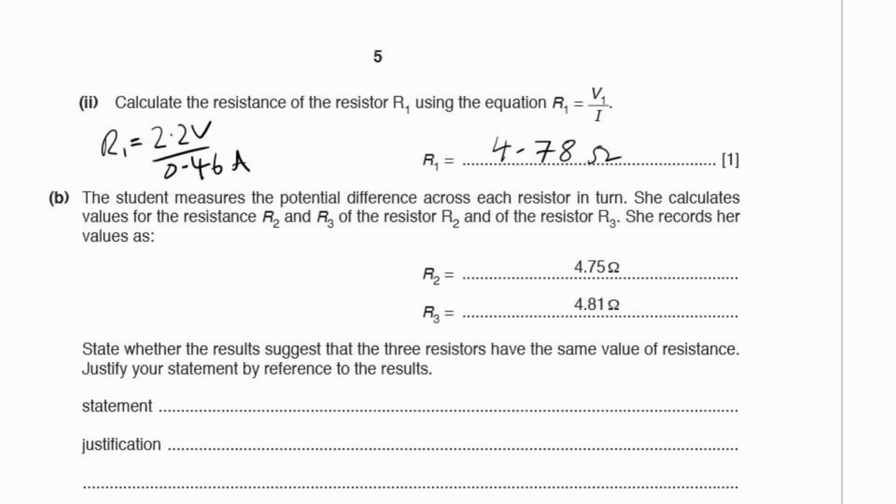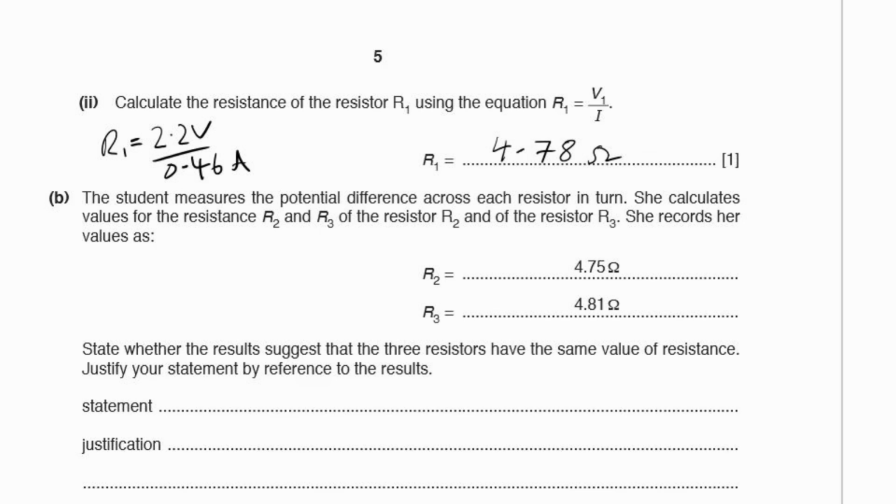B. The student measures the potential difference across each resistor in turn. She calculates values for the resistance R2 of the resistor R2 and R3 of the resistor R3. She records her values below. State whether the results suggest that the three resistors have the same value of resistance. Justify your statements by reference to the results.